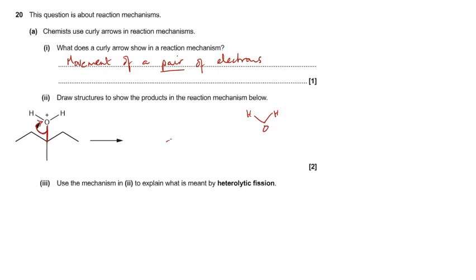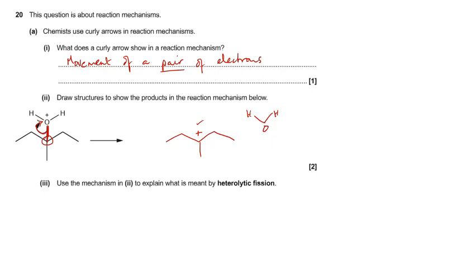But we will have this carbon skeleton, where this carbon used to have a share of both those electrons in this covalent bond, and now it's got neither, and so the carbon is going to need a +1 formal charge there. So I think the 2 marks are for the plus and for the rest of the skeleton.